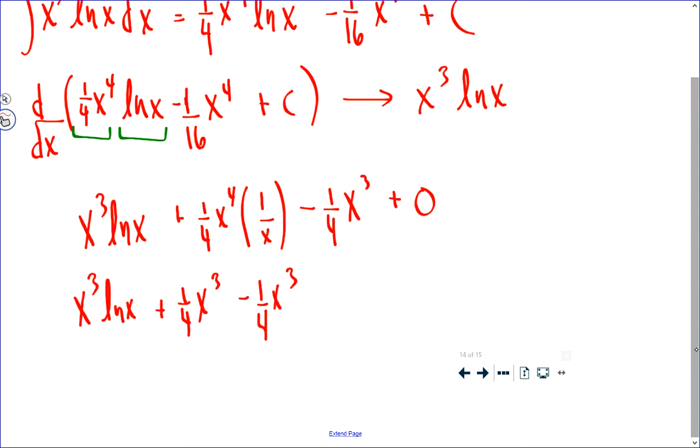Well, again, the two terms cancel, reducing to 0, which gives you x cubed ln x, which is what we started off with as being the thing to anti-differentiate, so it works. And again, don't spend all your time double checking things. I just think for the first few that we do, it's interesting to see how it works.